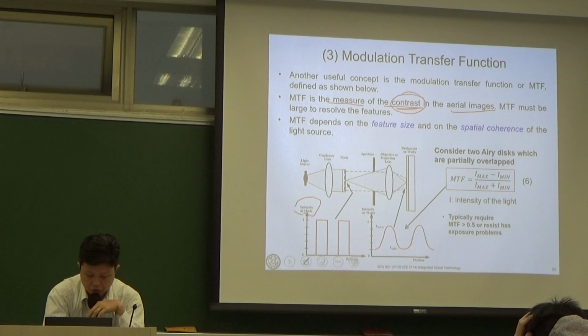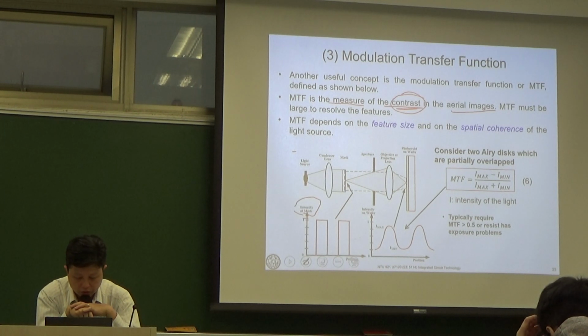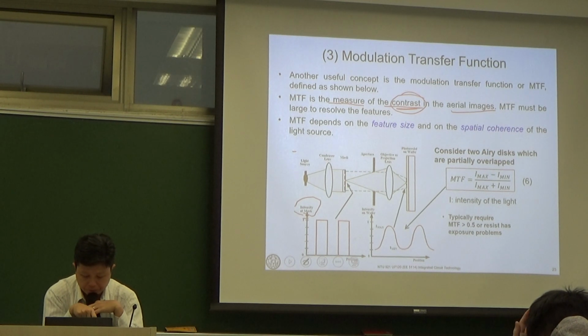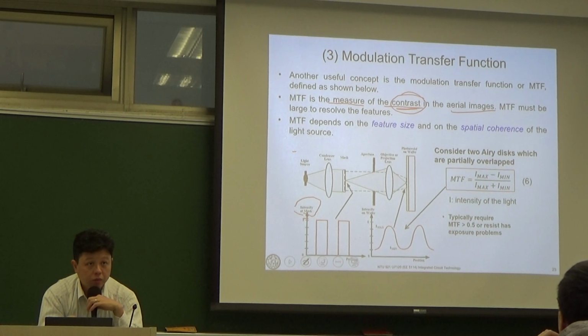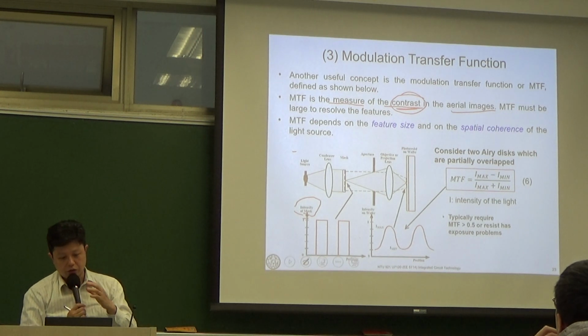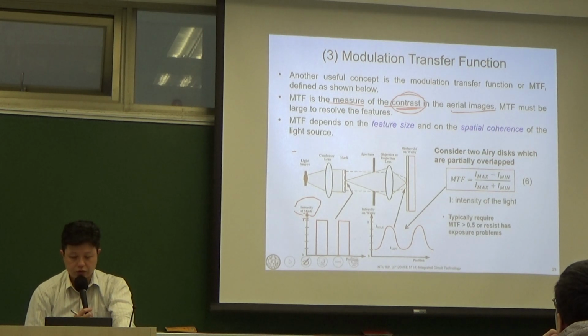You have 0, which means low light. You have 1, which means the light will be the highest, in this transparent area, and there's nothing in between. So you can imagine that just after passing through this mask, your intensity will look like this.